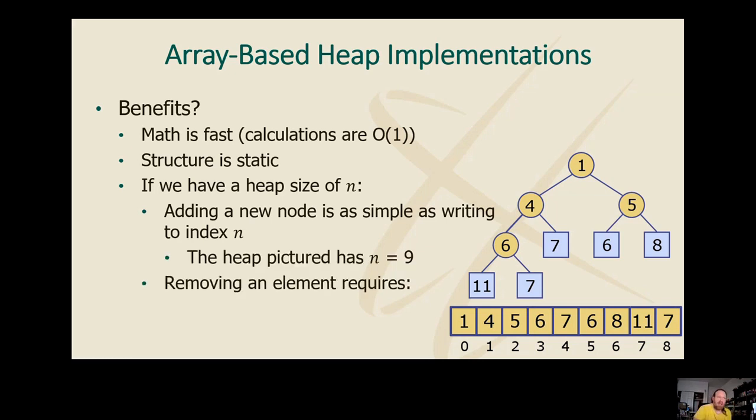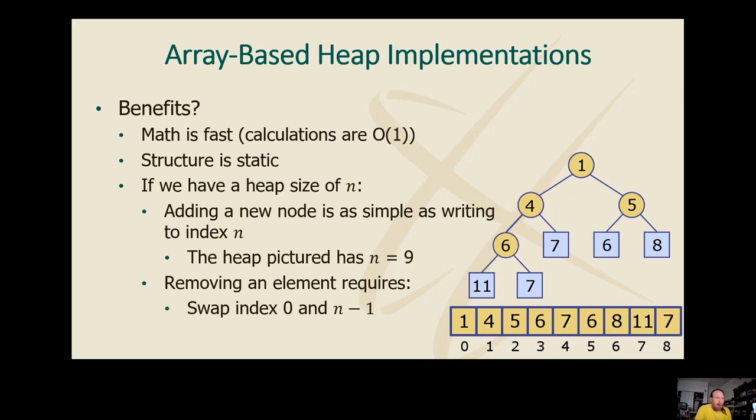The heap pictured has n of 9. So we just append onto the list, which, in Python, is a dynamic array that has additional slots after the end that are just there. It resizes as needed. So it just goes, okay, let me put it in the next available slot. It's a big O of 1 process.